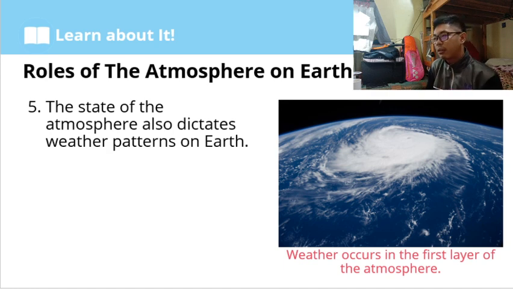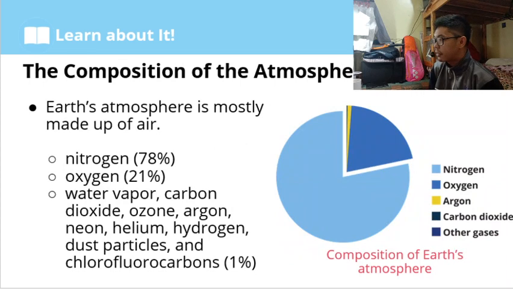That's why there are typhoons, thunderstorms, and different stuff. Why is it that at this point of the year it is rainy, and at another time it is too hot? What's happening there is because of the state of the atmosphere, which dictates the weather pattern of the Earth. Alright, so we continue with the composition of the atmosphere.